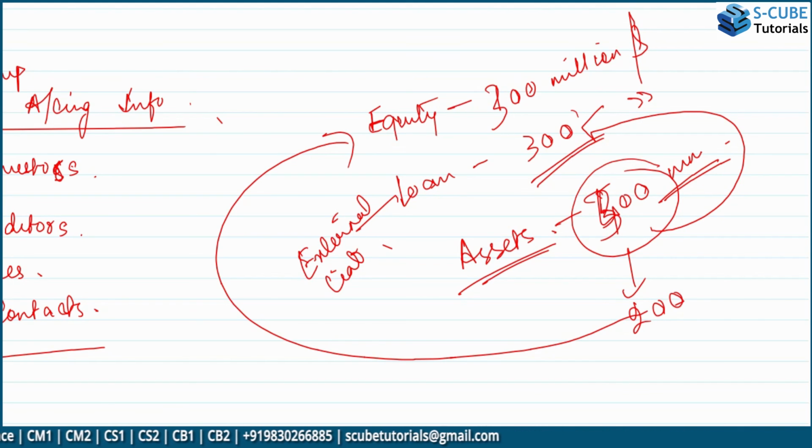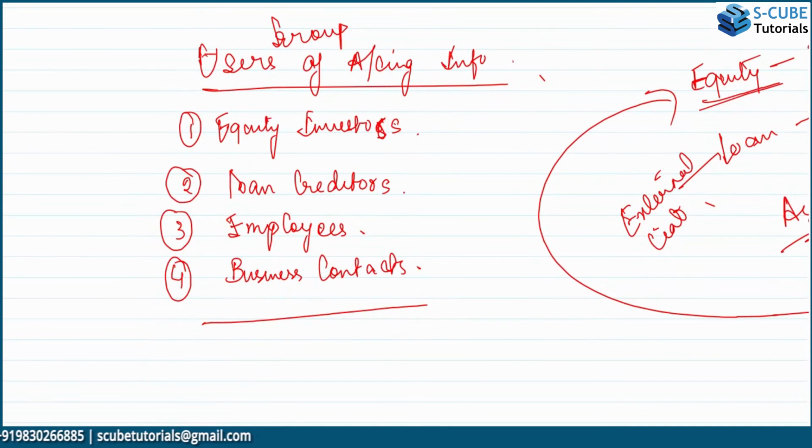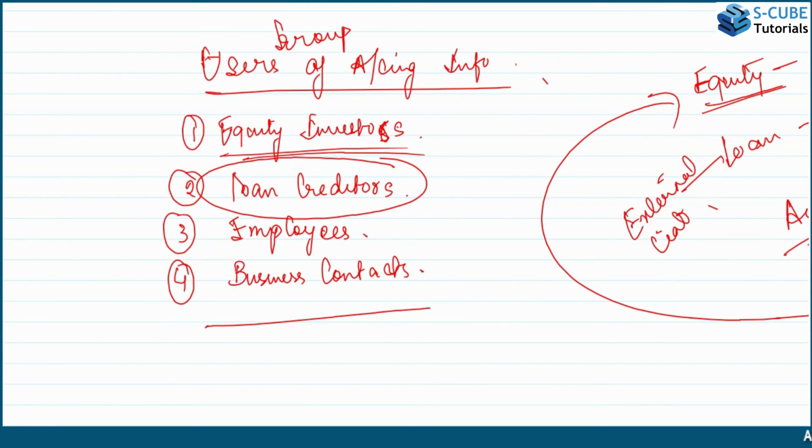Since they are taking the most risk, the company shall ensure that whatever excess profit it earns goes to them. That is the equity investors, and that is why they are very much interested in analyzing the financial statements.